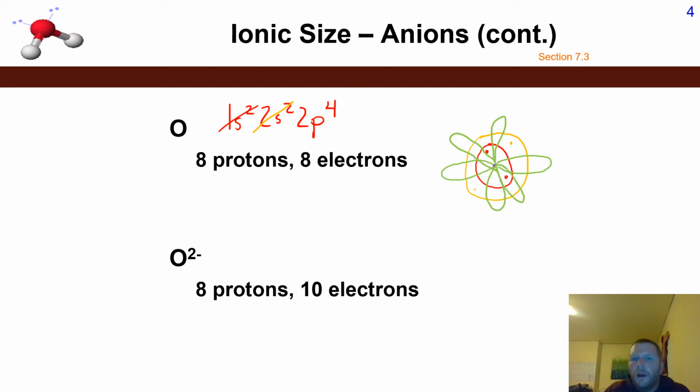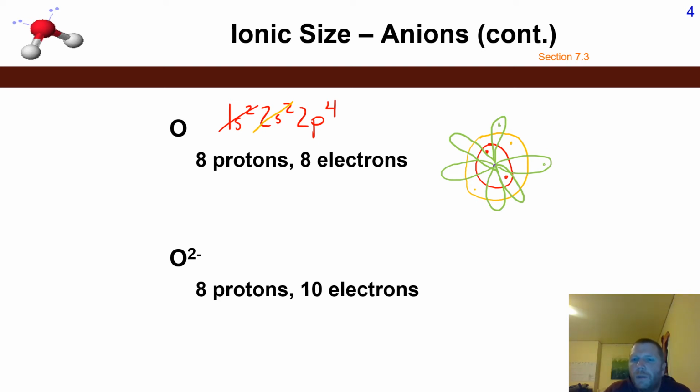Now I have a total of 4 electrons in my 2p orbital. So I'm going to go back with my original scheme of a dot. I've got 1 electron here in my p sub y. Now I've got 1 in my p sub x.